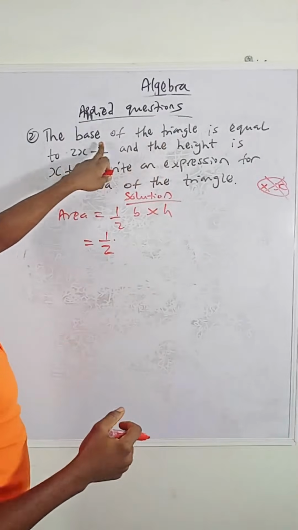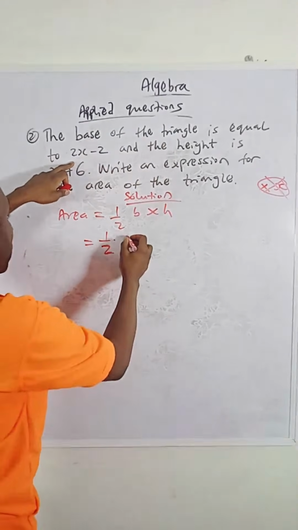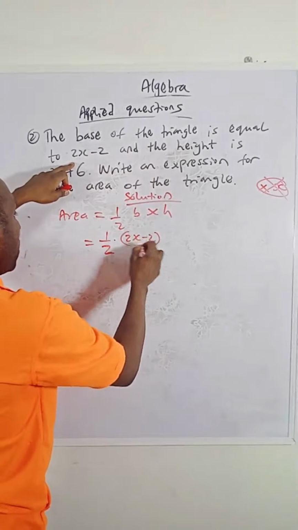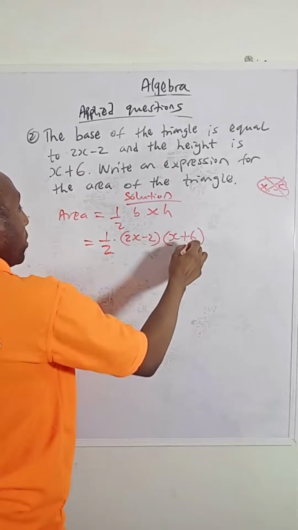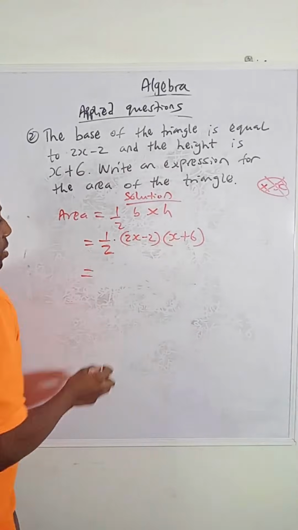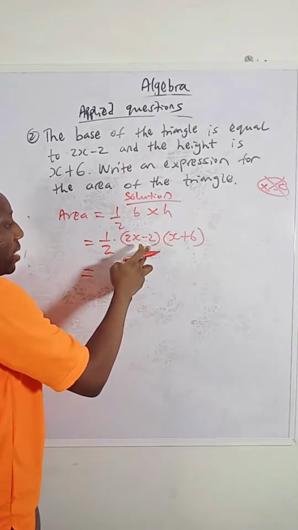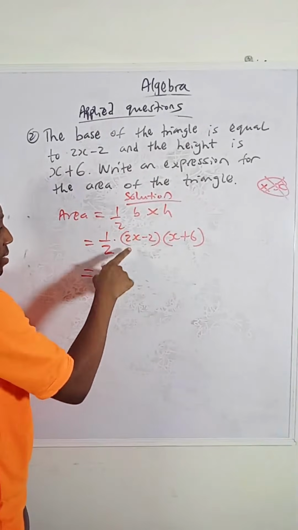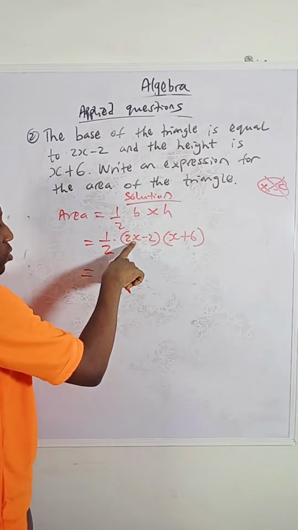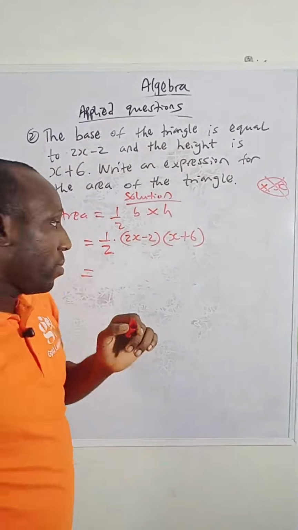So the base, they said the base is 2x minus 2. And what's the height? x plus 6. So we can now write this as, see what I want to do. What is common between 2x and -2? That's 2.